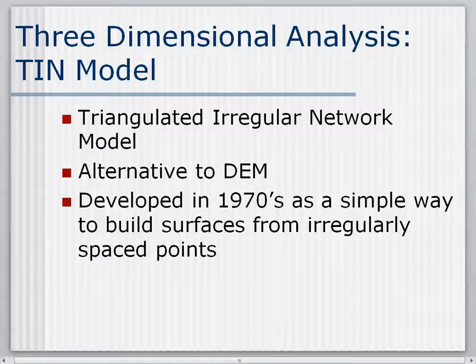This is another surface modeling approach, the three-dimensional TIN model, the triangulated irregular network model. It's simple. I mean, it saves space. If you're not bent out of shape when it comes to looking at the fineness of a surface, there are benefits to it.